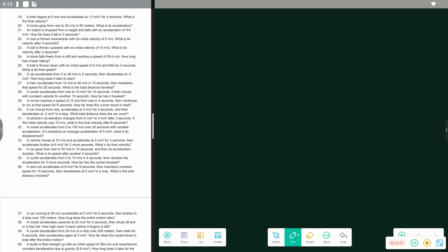And then finally, number 20. Number 20: a horse goes from rest to 20 meters per second in 50 meters. Okay, so 0 meters per second, moving in a positive direction.